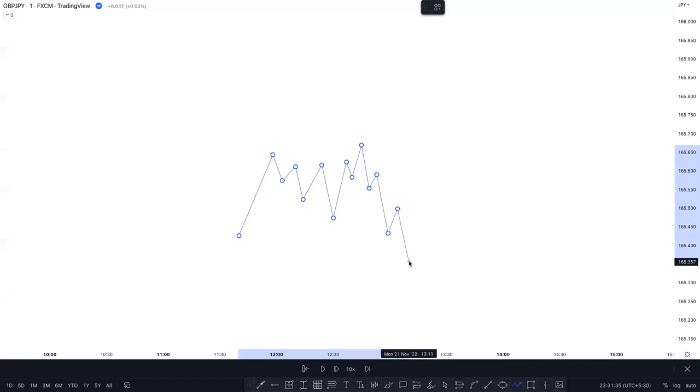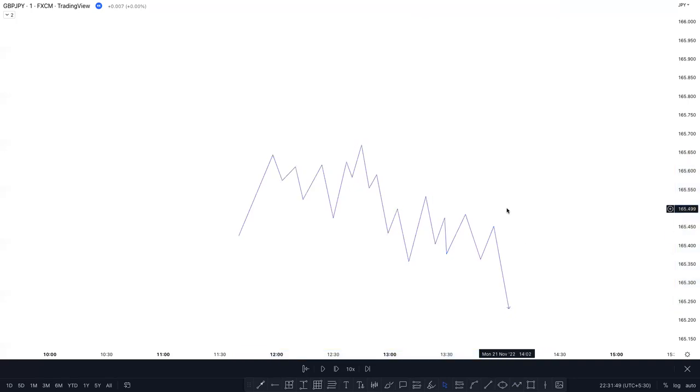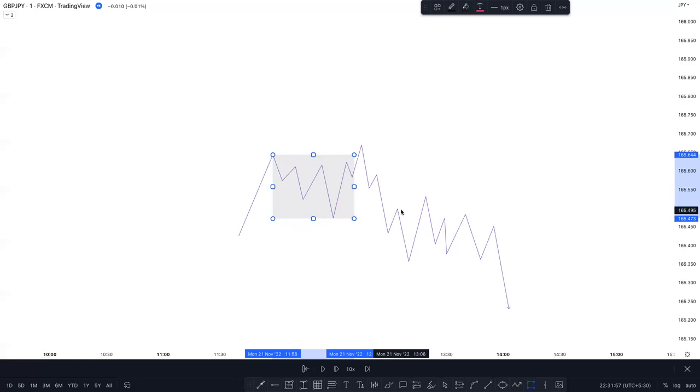Okay, then what happened here? The market follows, and this is New York. It means one session will be manipulated and the rest of the two sessions are following.